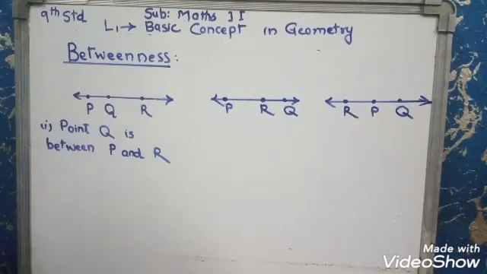Betweenness. If P, Q and R are three distinct collinear points, there are three possibilities. Look at the diagram.